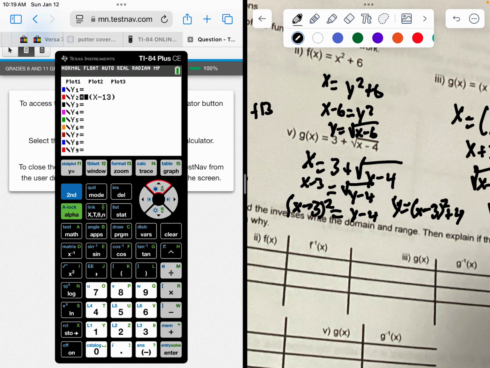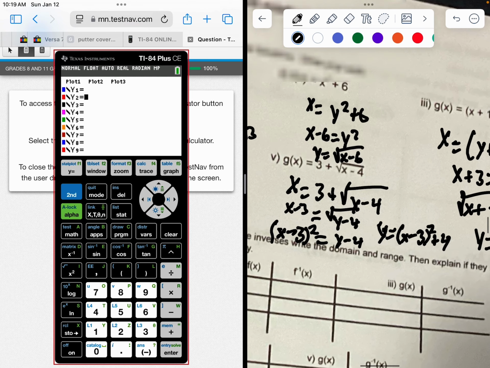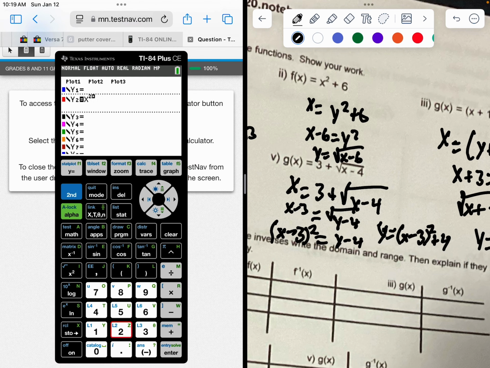Brutal world out here. Okay. Just type x squared plus 6, and the square root of x minus 6.